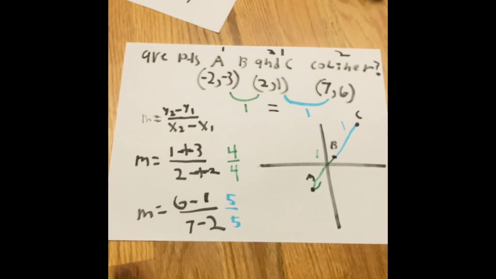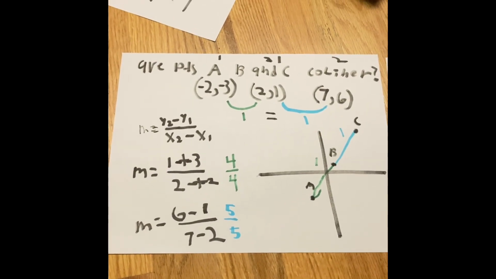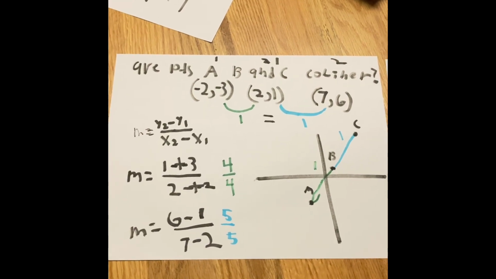We have solved this problem. So they are on the same slope, and all the points are collinear.